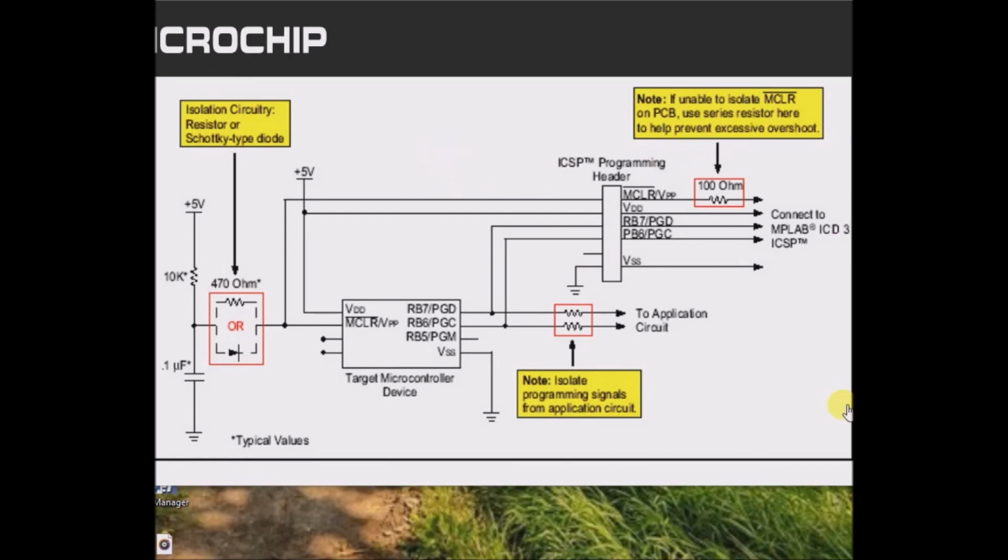Oh, that thing disappeared, whatever that was. ICSP programming header. Target microcontroller device. Typical values. Where's the asterisk? I guess that's here. This was kind of covered already. To application circuit. Connect MPLAB ICD3 ICSP program header.